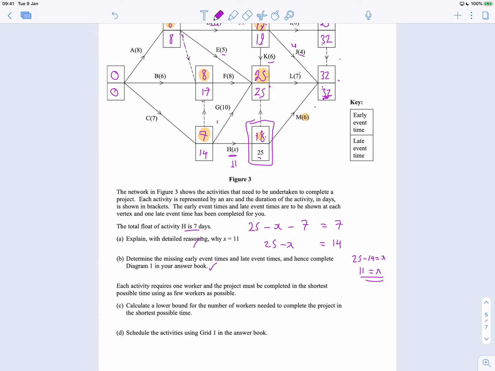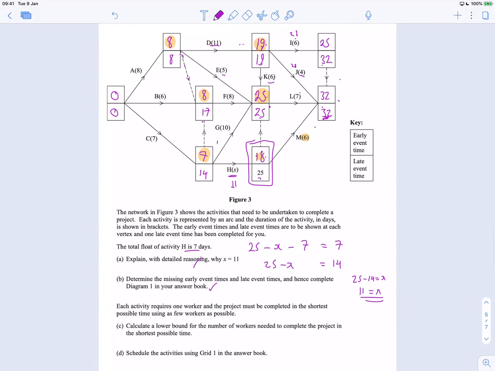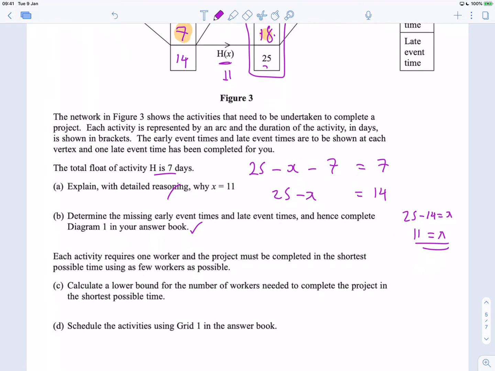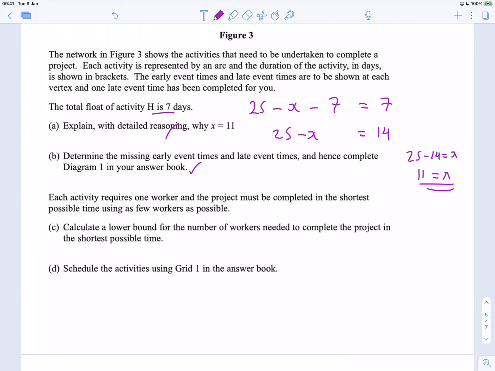Each activity requires one worker and the project must be completed in the shortest possible time using as few workers as possible. Calculate a lower bound for the number of workers needed to complete the project in the shortest possible time. Okay, well this is pretty easy because this is just going to be the total weight of all the network divided by the weight of the critical path, right?